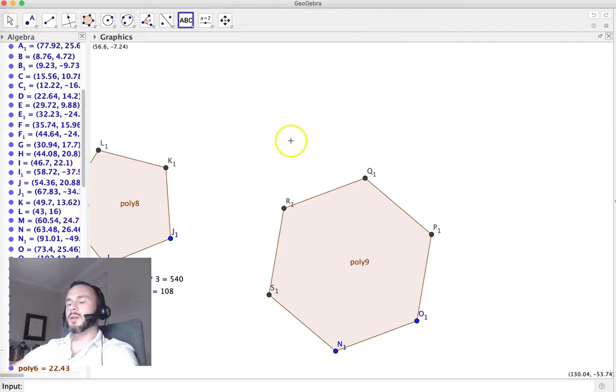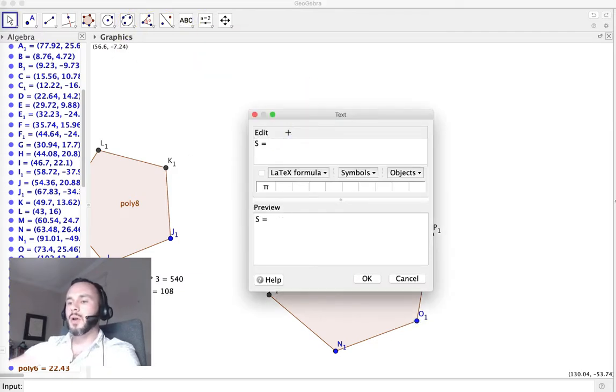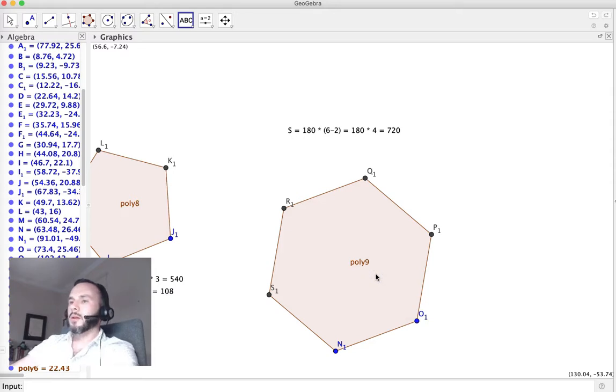So the formula tells us we're looking at S equals 180 times 6 minus 2, which is 180 times 4, which is 720. I'm just double checking my numbers real quick. 180 times 4, yeah, 720.